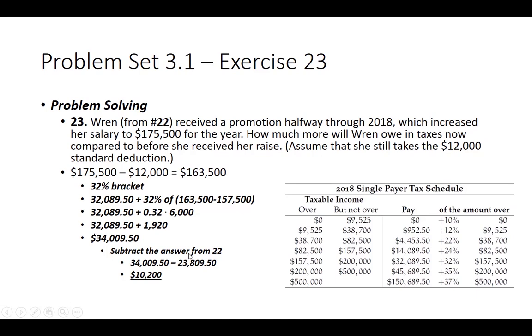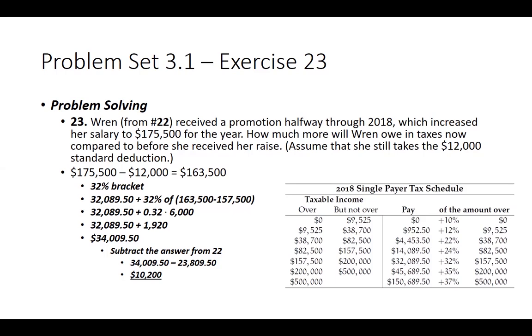Number 23. Wren, from number 22, received a promotion halfway through 2018, which increased her salary to $175,500 for the year. How much more will Wren owe in taxes now compared to before she received her raise?